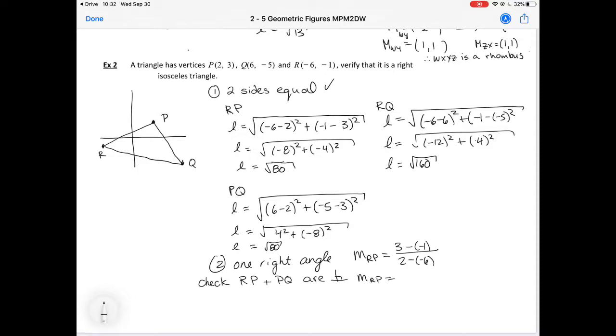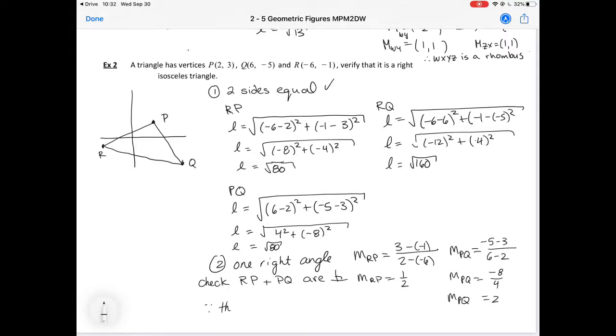So I would have 4 over 8, which would give me 1/2. And then I need my slope between P and Q, which is going to be y2 minus y1 over x2 minus x1. So my slope between P and Q would be minus 8 over 4, which is minus 2.